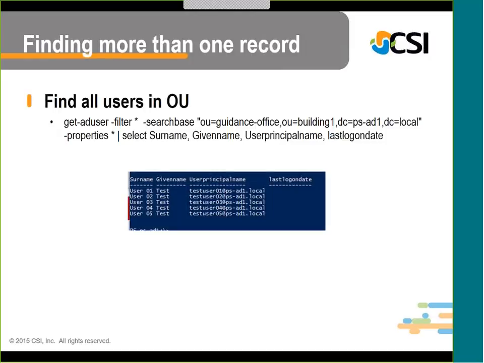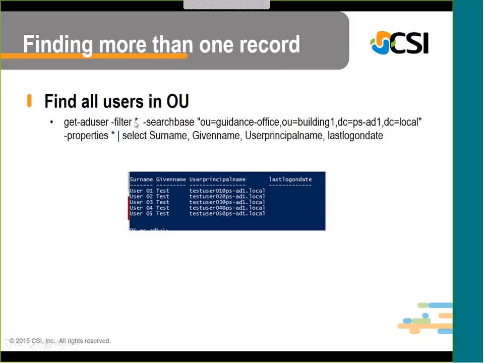Now, let's say you want to find out, okay, I want to know everybody in this OU, the last time they logged on, and I don't know their names. Well, what we can do is issue this command here. So we're actually changing this. We're going to use a different syntax now. We're going to use the one where you could use the filter.